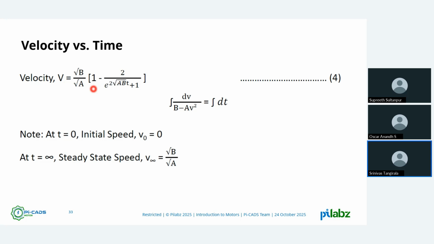You do this math, and finally the steady state speed, V at t infinite, because the velocity now depends on time also. As time increases, this also changes. At t equal to 0, V's initial speed is also 0. At steady state where t is equal to infinity, V will be root B by root A, which is like a terminal velocity. It cannot go beyond that speed, right?